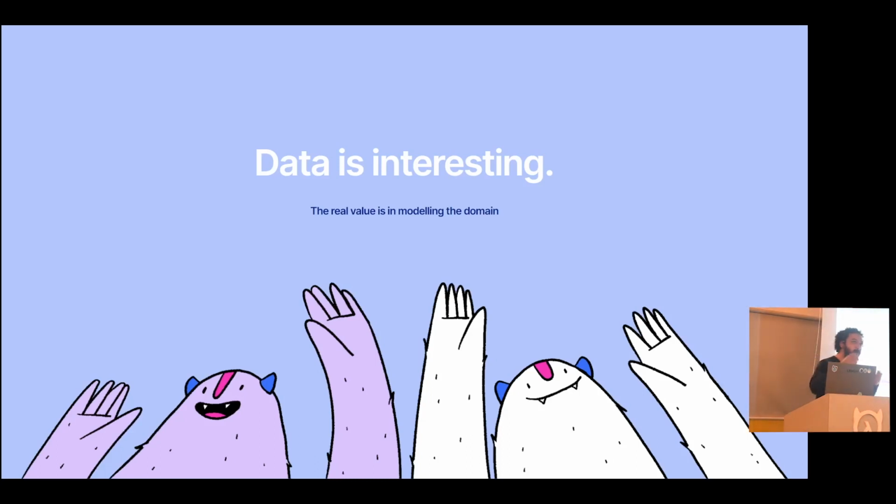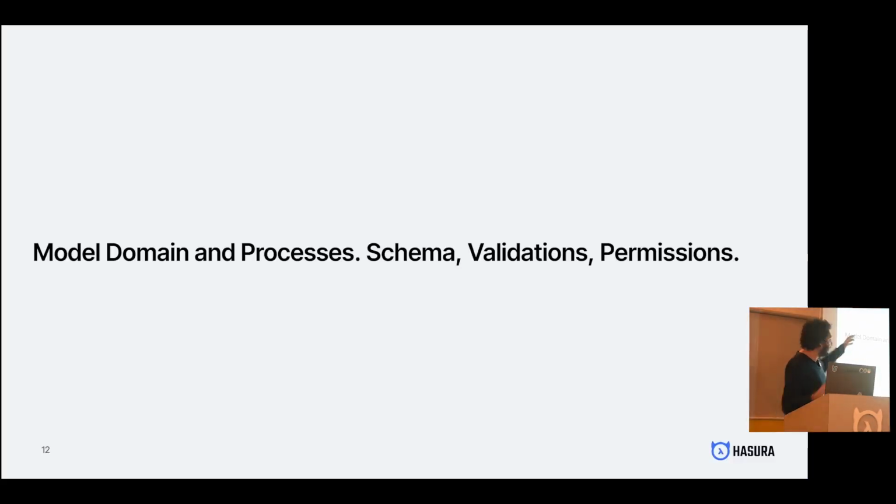So what if we could empower every single developer to focus on this valuable bit of work, the domain model, which is stuff like the schema, validations and permissions? Even processes you can encode as a domain model. You can have multiple steps tied into a workflow, and this can be your model.